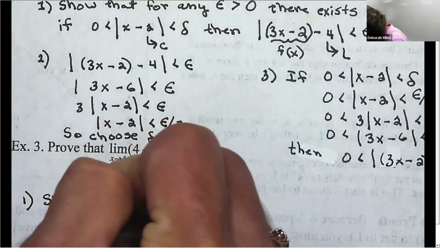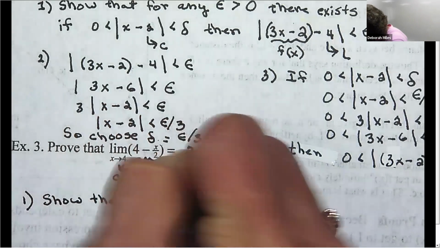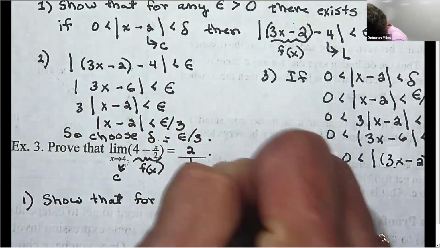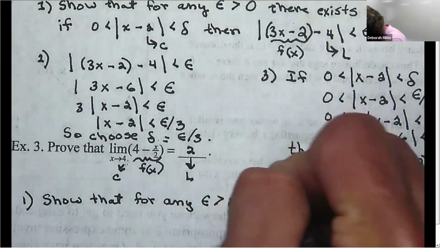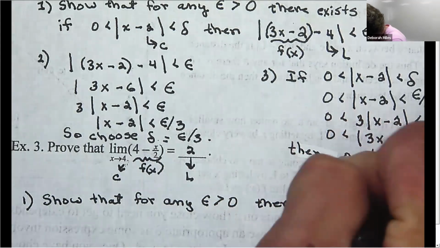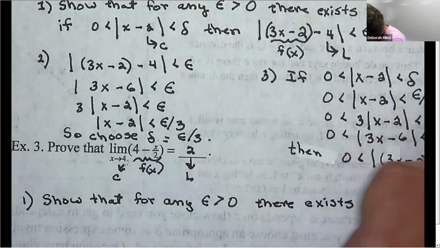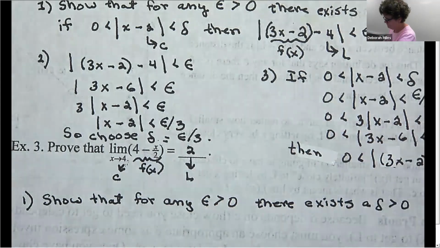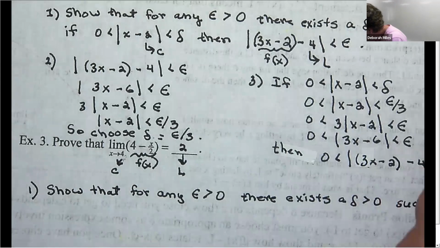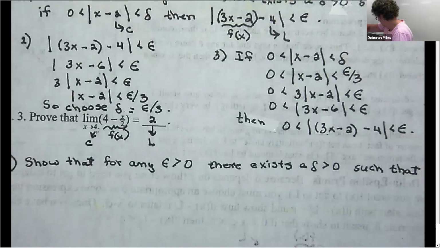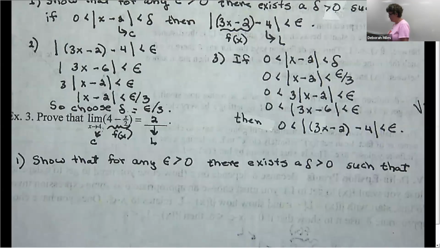Show that for any epsilon greater than 0, no matter how tiny. You don't have to write the no matter how tiny. There exists a delta greater than 0, such that. That first line is going to be the same on every proof you do, but you have to write what it is you're trying to prove before you start proving.